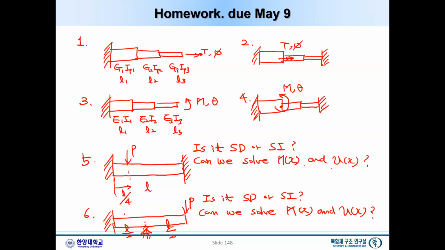By now, you cannot solve M(x) and V(x). Please explain why you cannot solve them at this point. That is the point of number 5 and number 6. This will be a very important question for the next subject we're going to study next week.